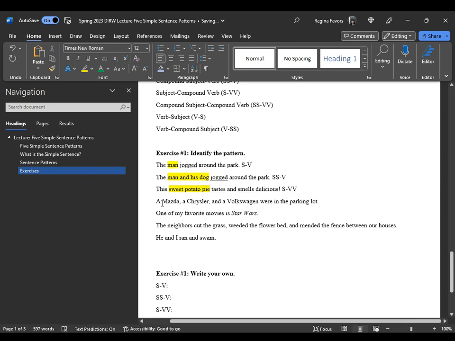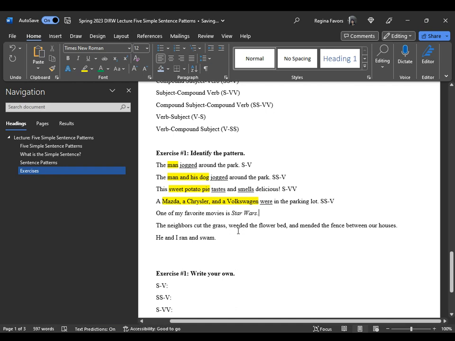And then we have a Mazda, a Chrysler, and a Volkswagen were in the parking lot. So we have a compound subject, a Mazda, Chrysler, and Volkswagen. Okay. Were in the parking lot. That's your verb here. And so that's compound subject, verb.